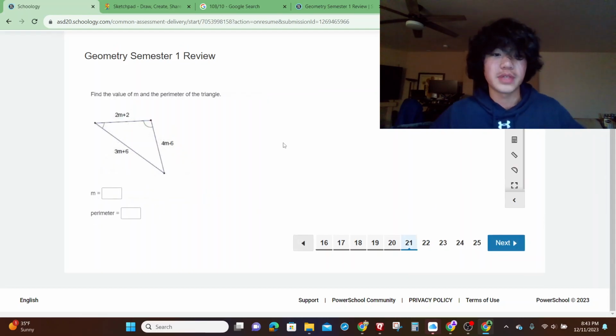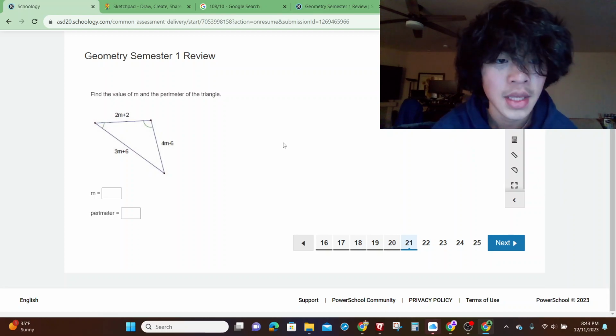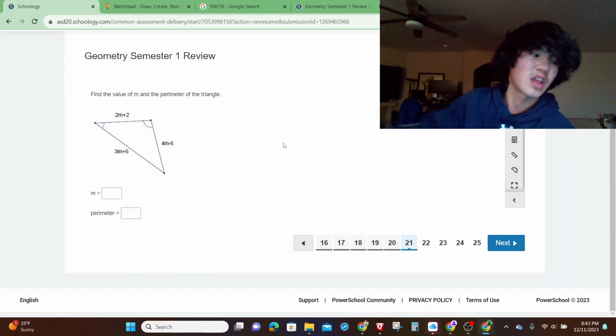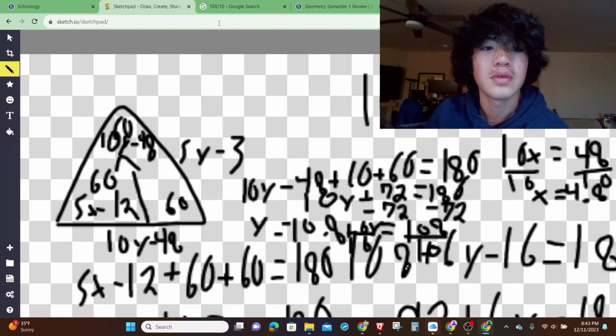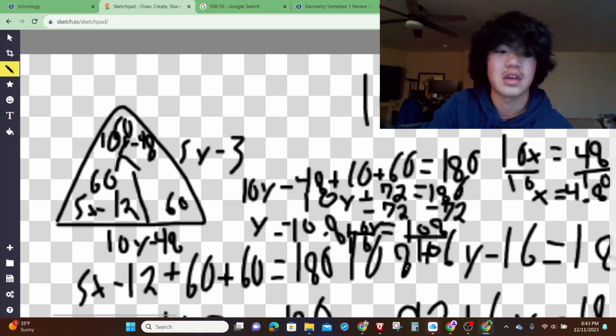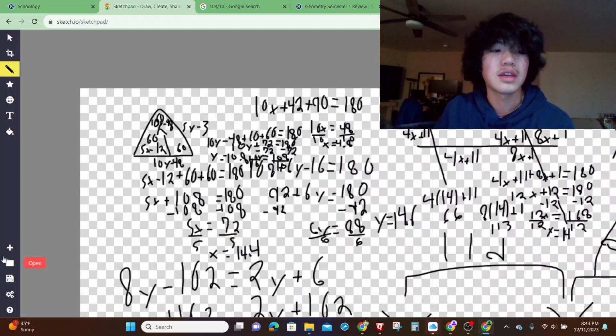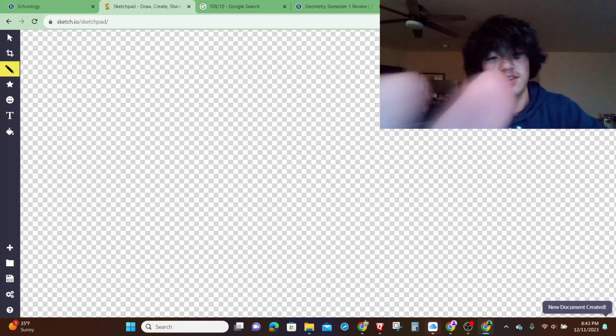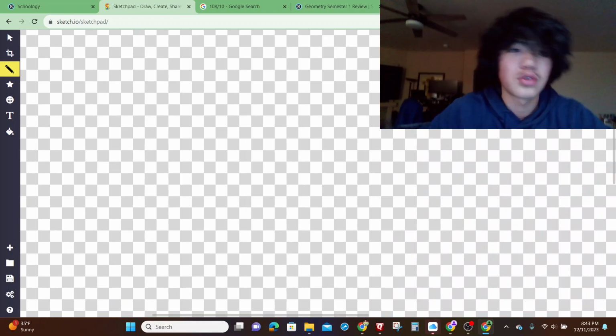Alright, now we need to find the value of m in the perimeter of the triangle. So, let's get on our sketch pad. Looks like we're out of room. Let's create a new one. Then, let's draw a triangle.